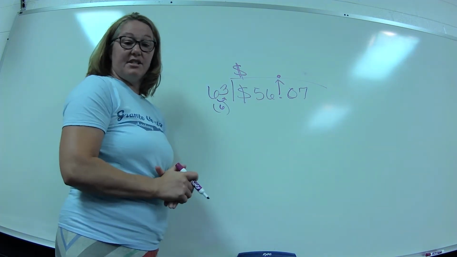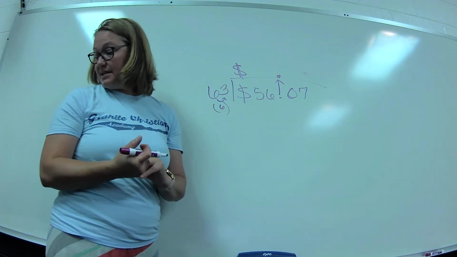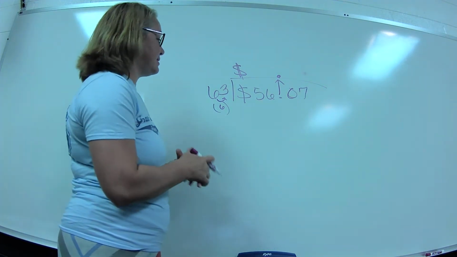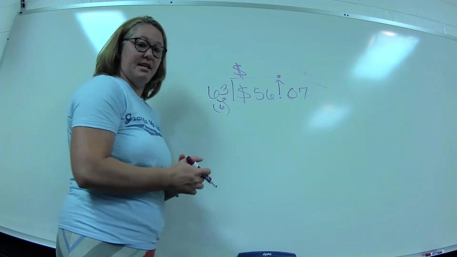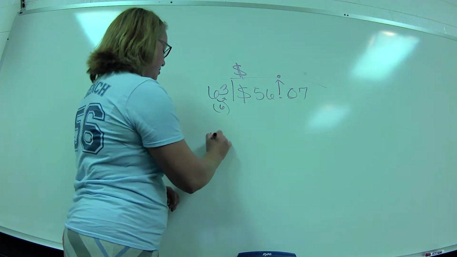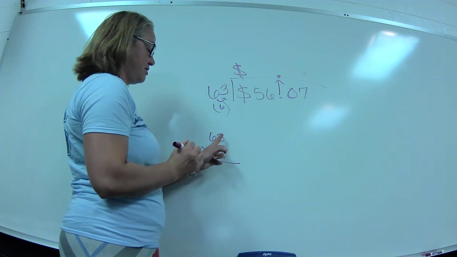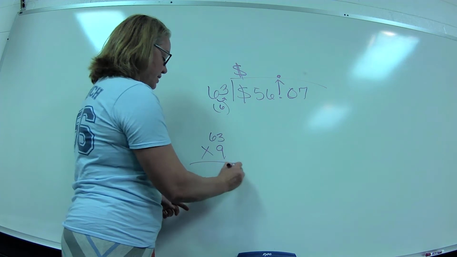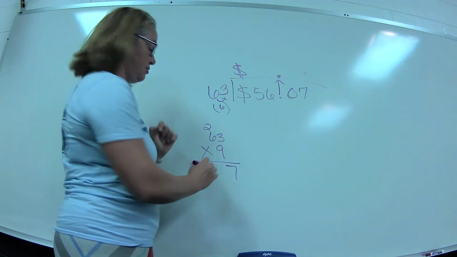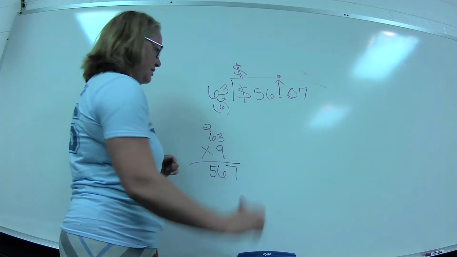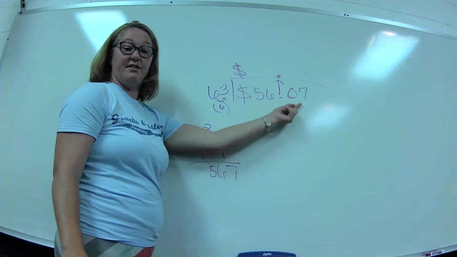How many times can 6 go into 56? You got any ideas? Let's say 6 times 9. 6 times 9 is 54. So let's go 63 times 9. 9 times 3 is 27. This is 54 plus 2, 56. 567. Oh, well, this is only 560.